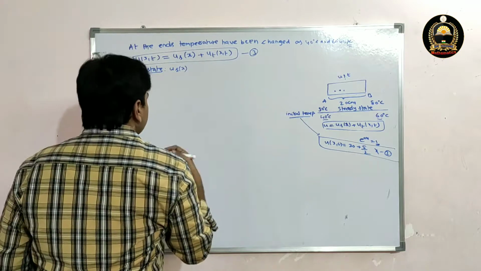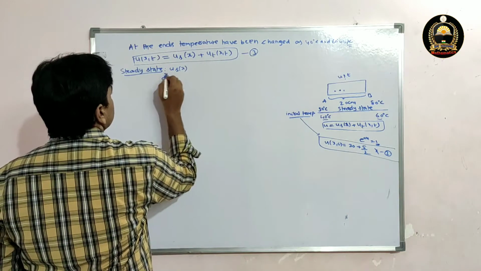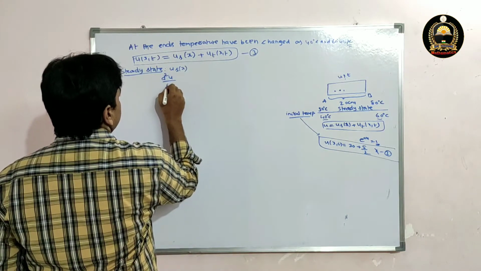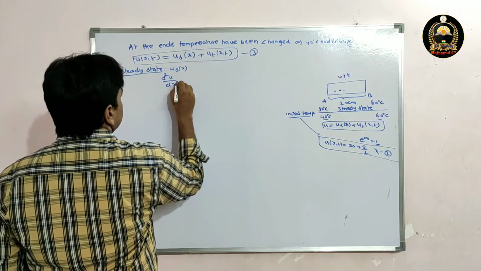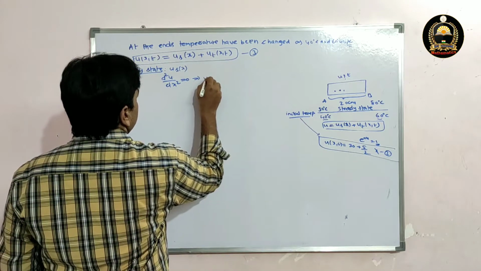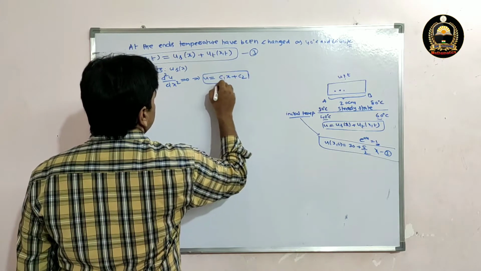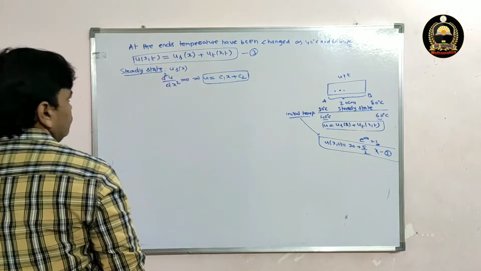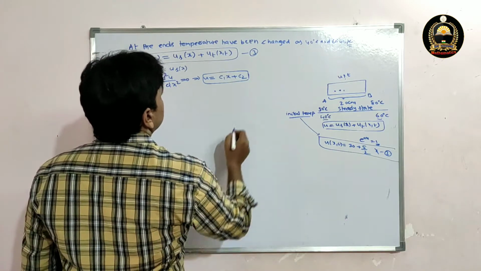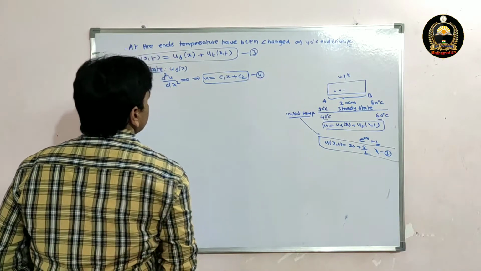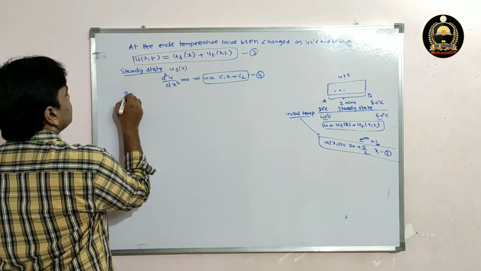So again, what is the condition here? What is the equation? D square u by dx square is equal to 0. That implies u is equal to c1x plus c2. Say this is 4. Now boundary conditions.